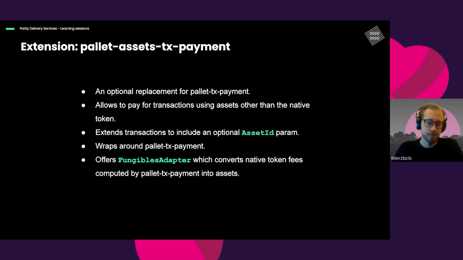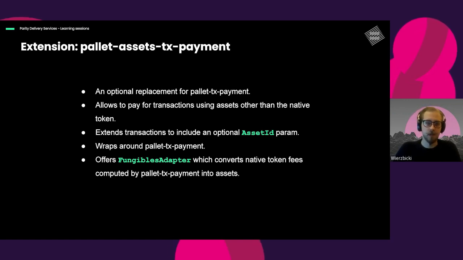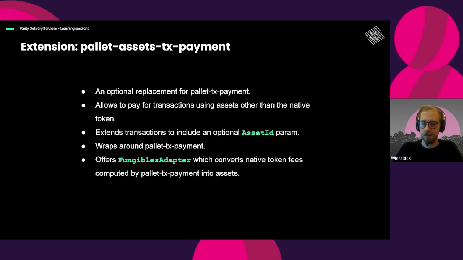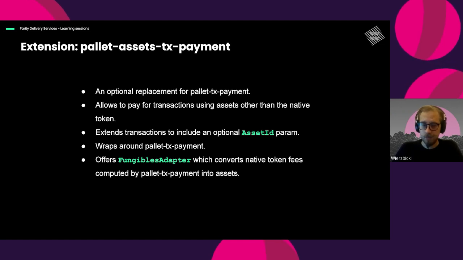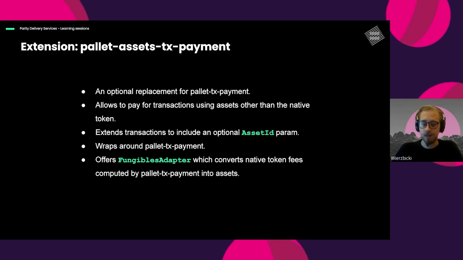A developer configuring this pallet to be used in a Substrate runtime could provide their own implementation for this conversion, but there is a default one supplied by the assets pallet, which is based on the ratio between the minimum balance of the asset and the minimum balance of the native token.